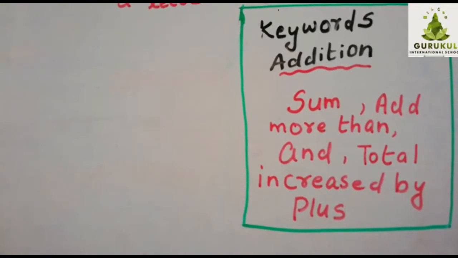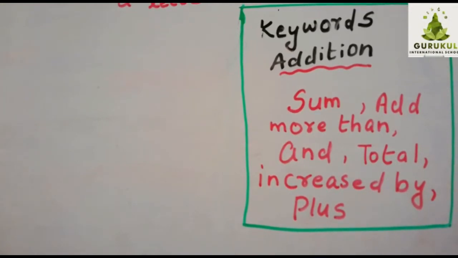If the word add comes, or more than something, and, total of something, or increased by something, or the word plus, a number plus, that way it comes, you have to do addition to form the equation. The plus sign will be used as the operator. So the keywords for addition are given.